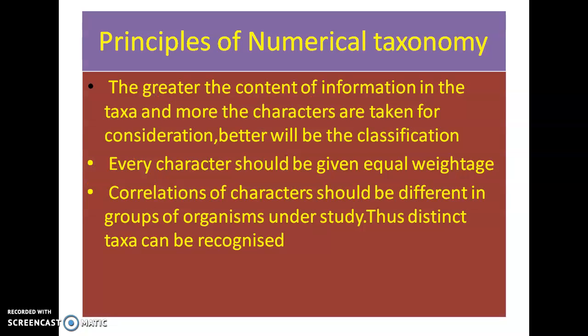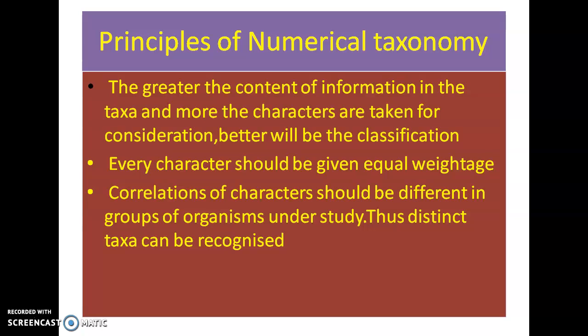Then what are the principles behind this numerical taxonomy? As I told you, if you are considering more characters, it contains a greater content of information of a particular taxa. With more characters, the classification will be better.